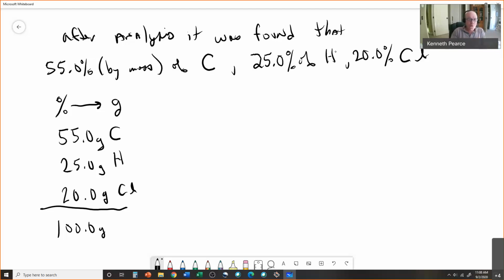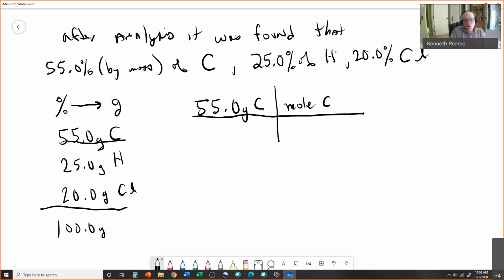Okay, and so the next thing you need to do is find out how many moles you have of each one. And as I showed you in a previous video, the way to do that, matter of fact, why don't we just go ahead and reset it over here so we can have some room. And if we look on the periodic table, underneath the element for carbon, we see that a mole of carbon is 12.0 grams.